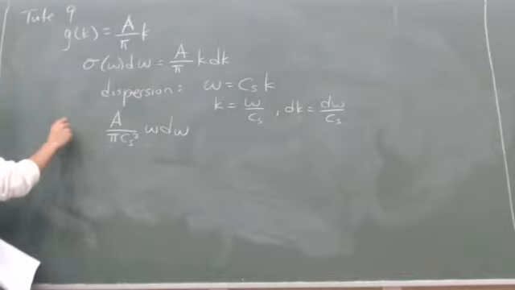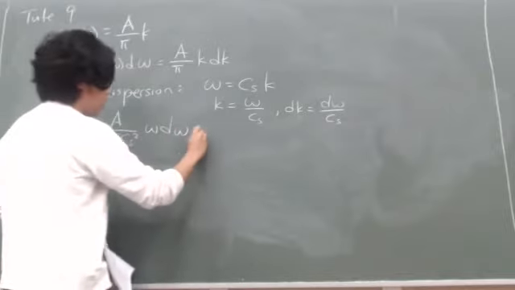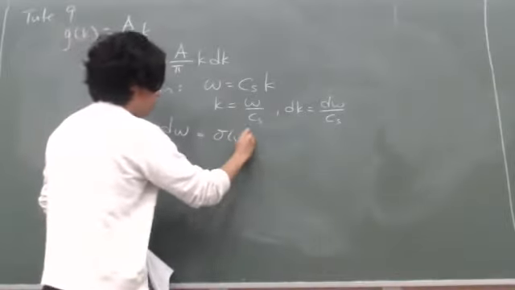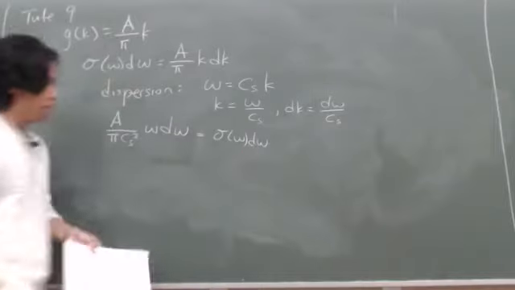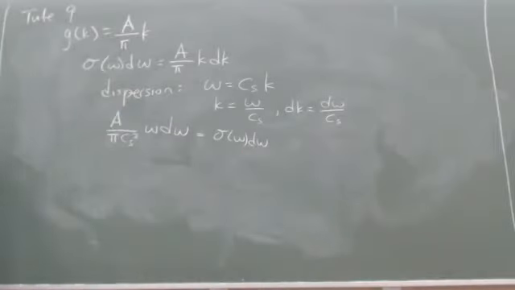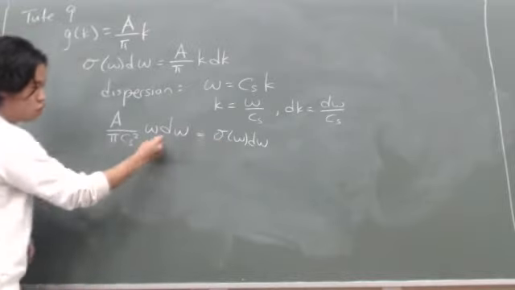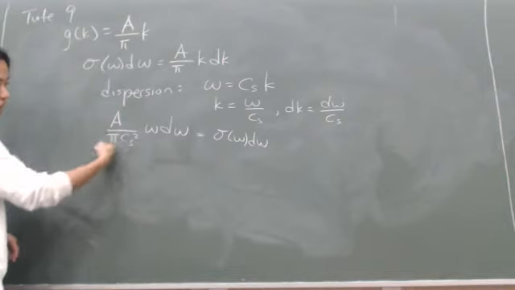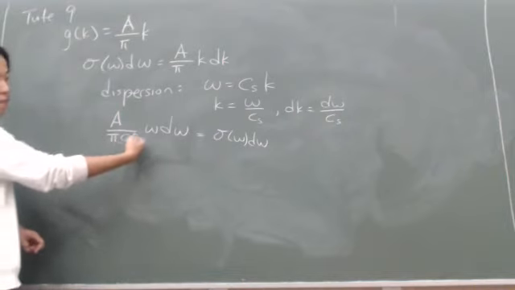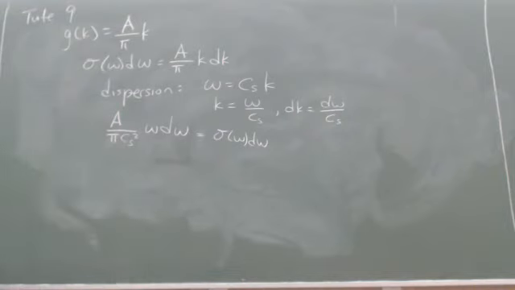This is equal to sigma omega d omega. So now we technically have found sigma omega, because that's just whatever's in front here: A divided by pi divided by sound speed squared, times the energy.